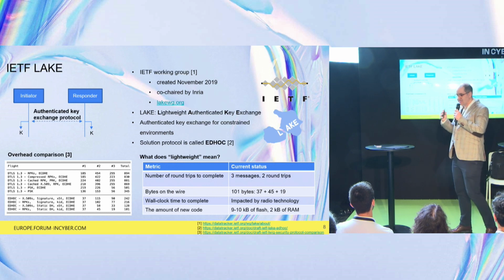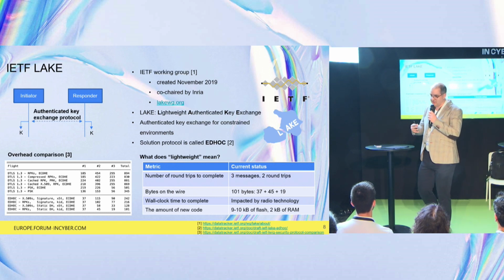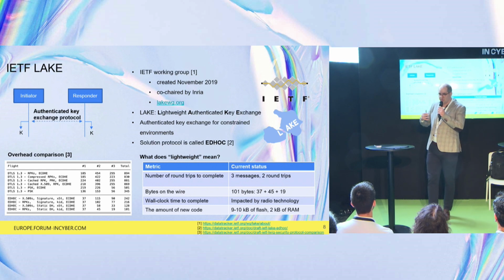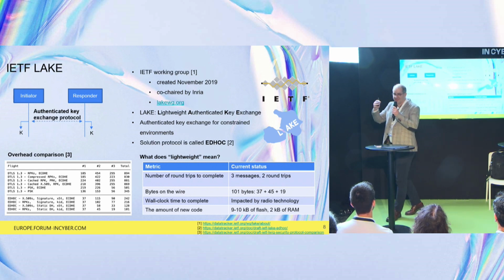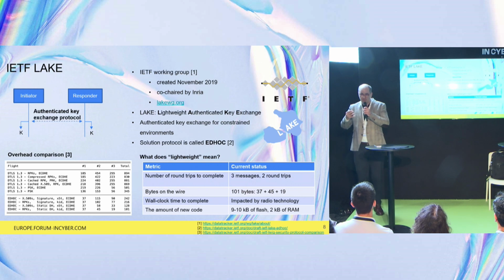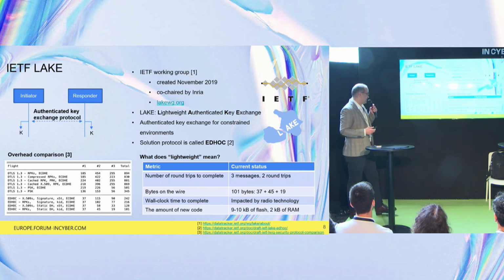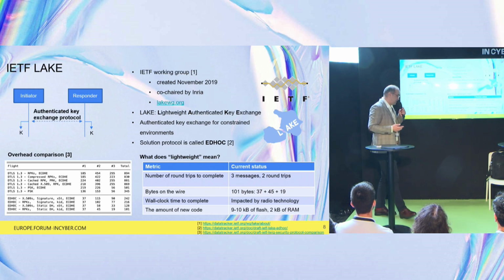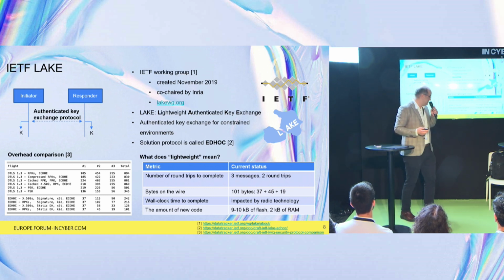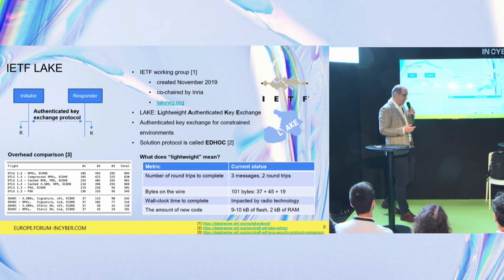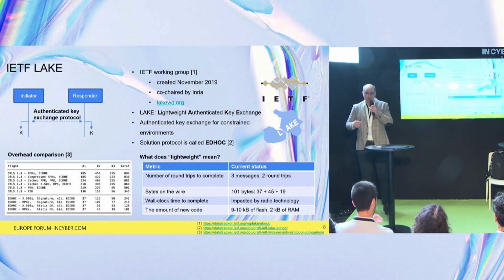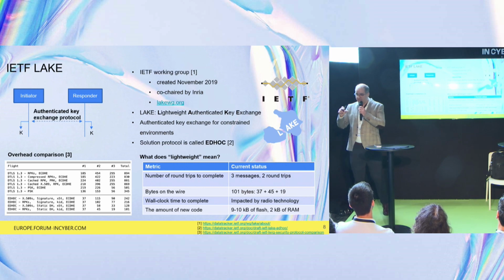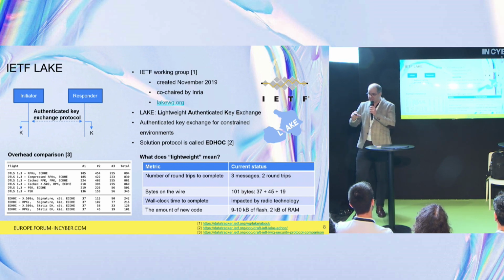Before we could even start defining a protocol in the IETF, we had to define what lightweight actually means in practice. Here I give you a couple of metrics that we defined at the very early stages of the standardization process: number of round trips to complete, number of bytes on the wire, wall clock time to complete, and the amount of new code that the implementation of the protocol takes up on the device.